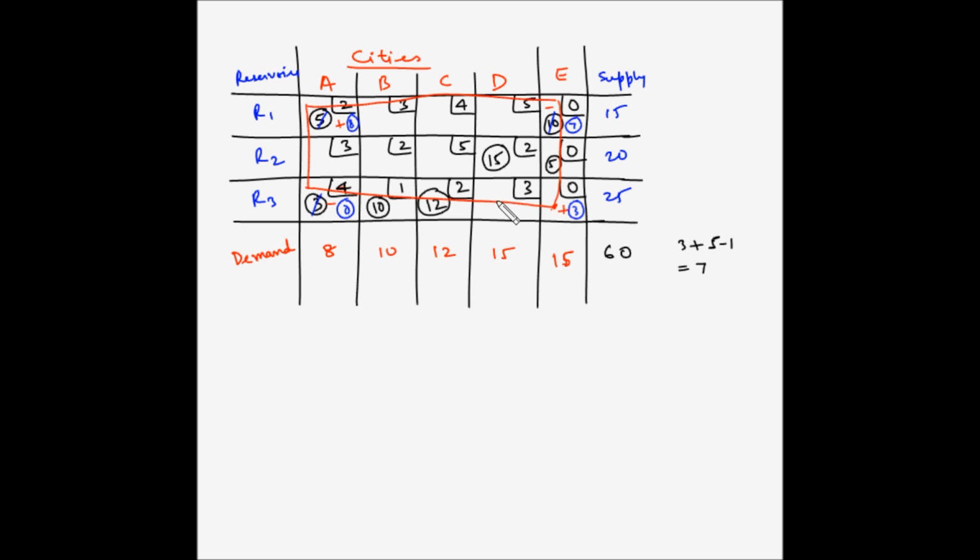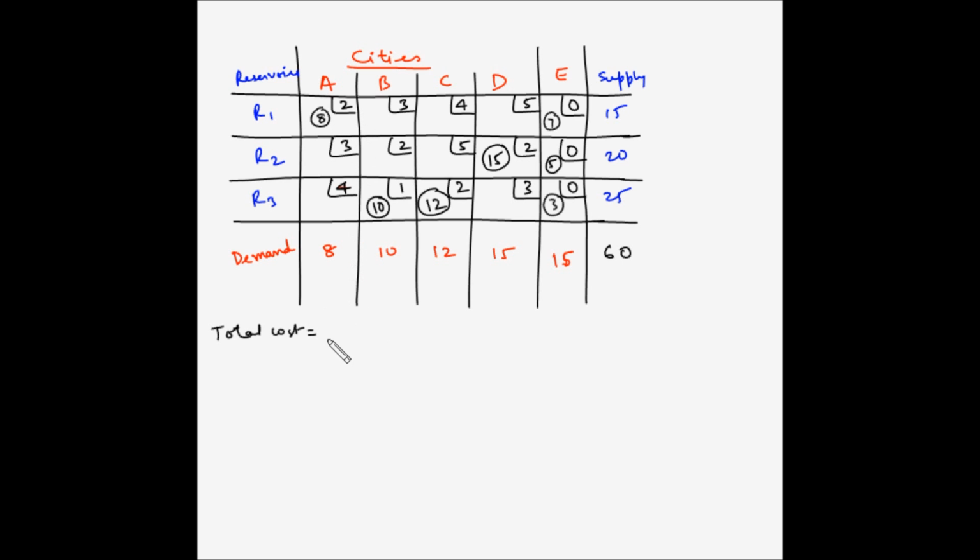So this is our new solution that we have obtained after the second iteration. Let me clean this up and write the new allocations that we have obtained. So let's calculate the total cost obtained by this solution.